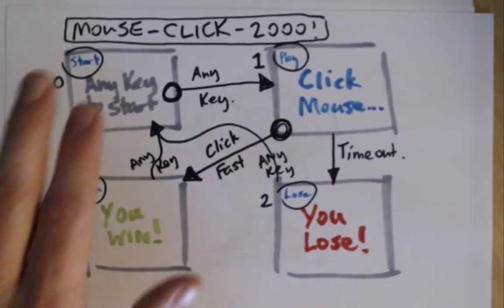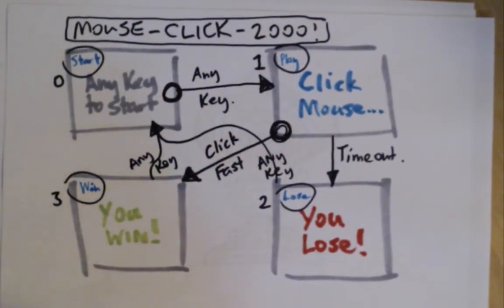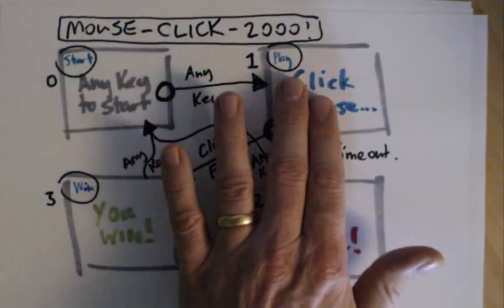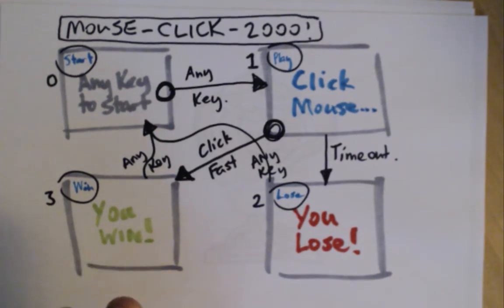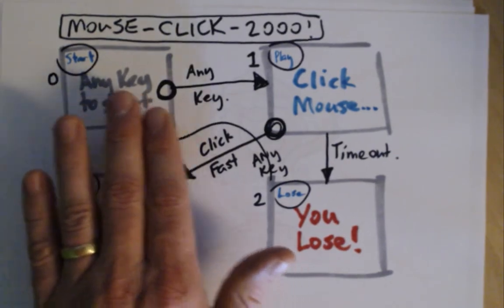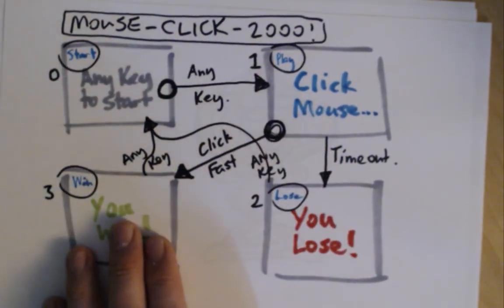So it's got these 4 different states in this case, and we call it a state machine because it's a model of how we move from one state to the next. And in fact, this is a special kind of state machine called a finite state machine. It just means that there's a finite number, a set number of states in the system.